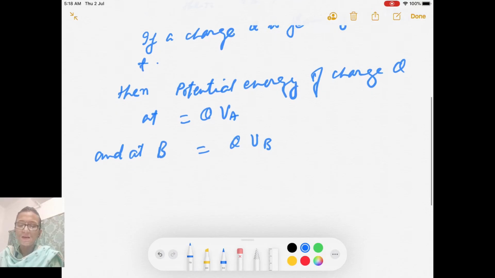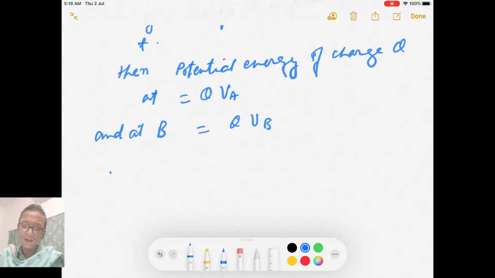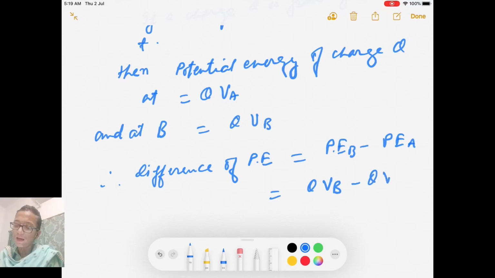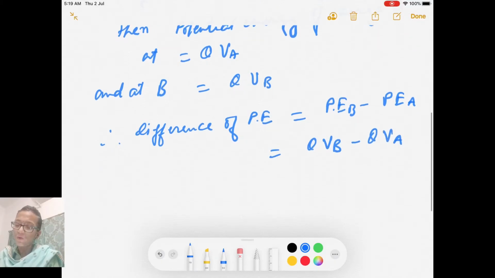So what is the difference of potential energy? Therefore, the difference of potential energy must be equal to PE at B minus PE at A, and this will be equal to QVB minus QVA, which is Q into (VB minus VA).